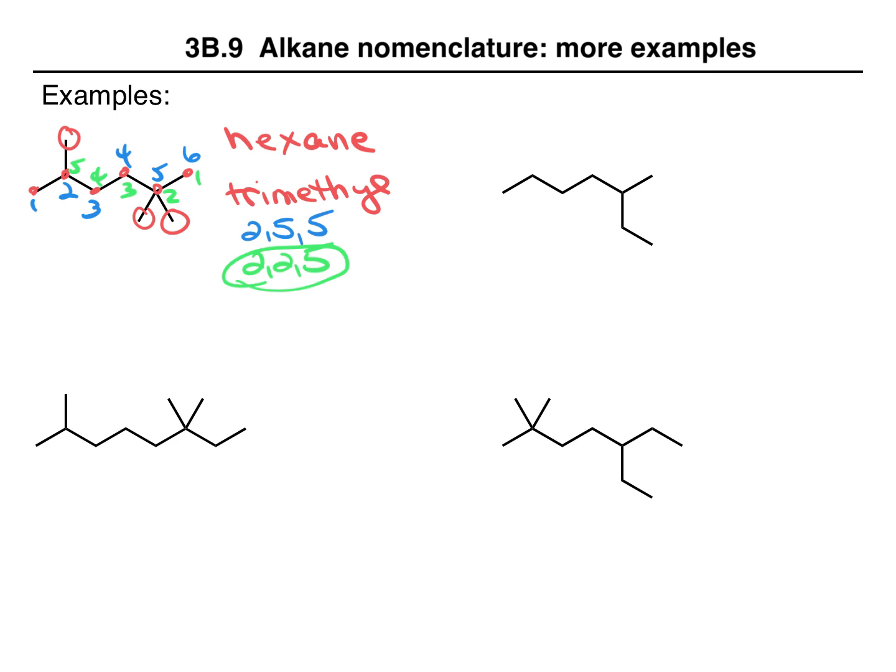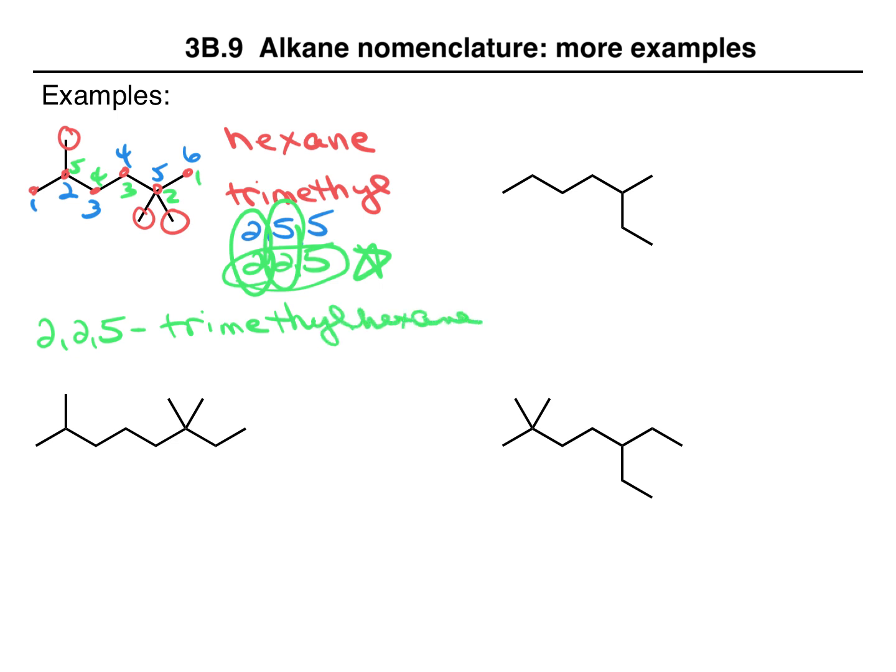When you're comparing different possibilities, you're looking for the first difference. So if this is 2, and then here we have 2 and 5, this is where we focus. So this compound is 2,2,5-trimethyl hexane.